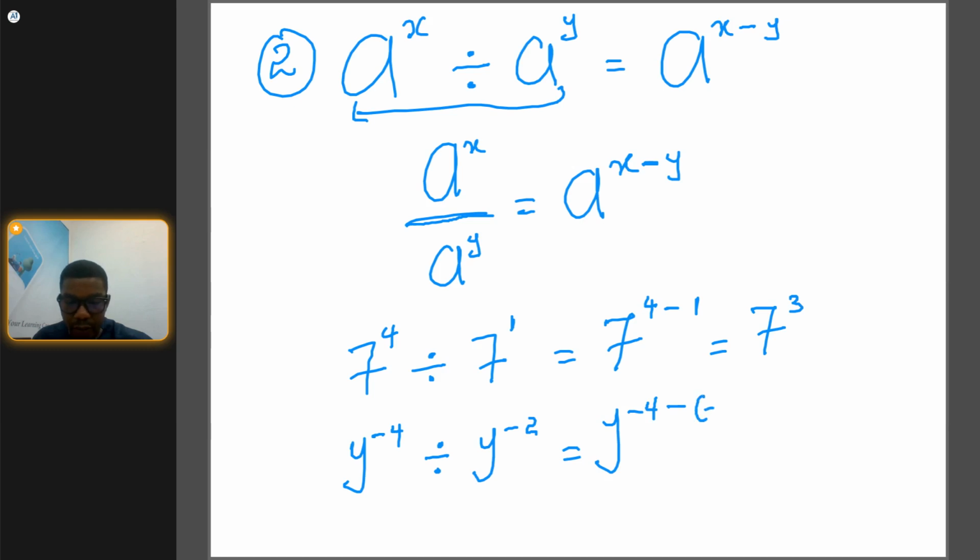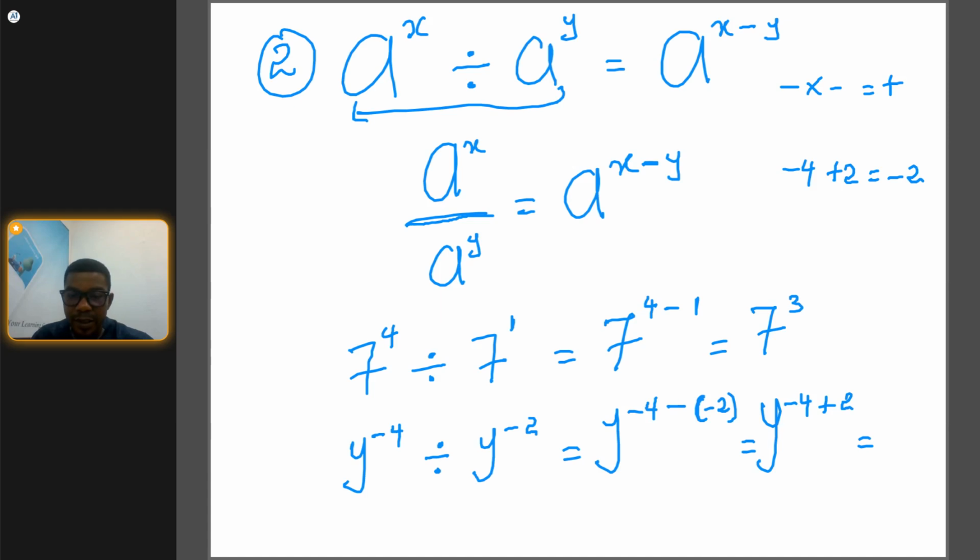So bracket minus 2. And to simplify, we have y minus 4. We need to multiply this because this bracket represents multiplication. Minus times minus, that is plus. So we'll be having plus 2. Minus 4 plus 2 equals minus 2.